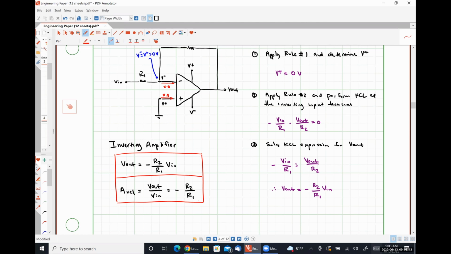And whether we have amplification or attenuation is purely decided by the ratio of those resistors R2 and R1. So we get a very high degree of functionality in as much as we can set our voltage gain to be whatever we want it to be. The drawback is that we get inversion as well, meaning that the amplitude of our output signal is of the opposite sign of our input signal.